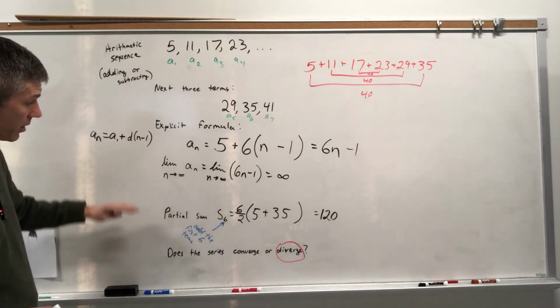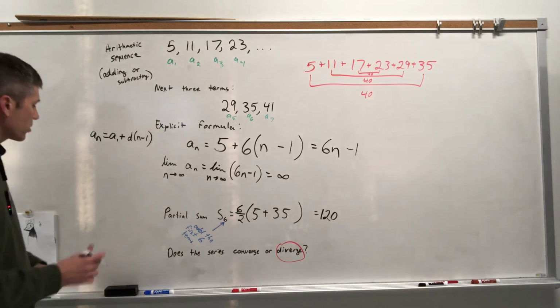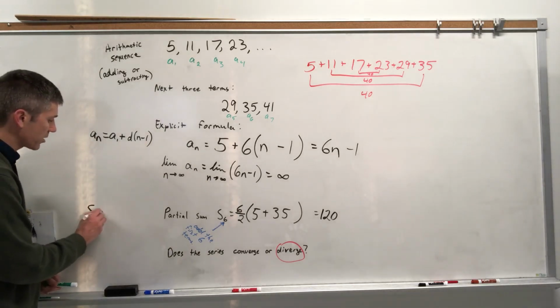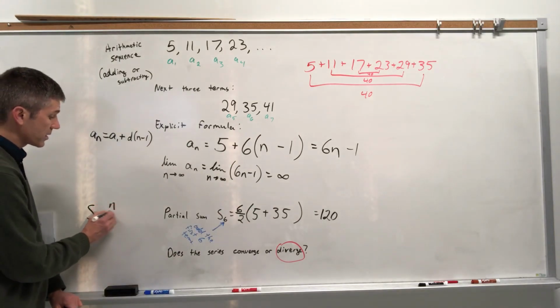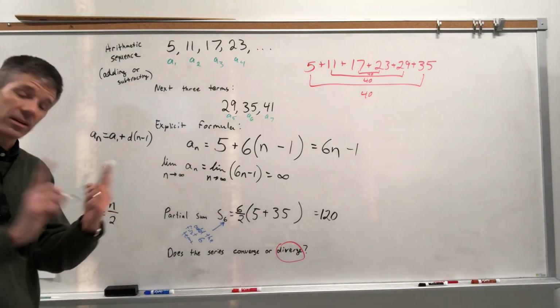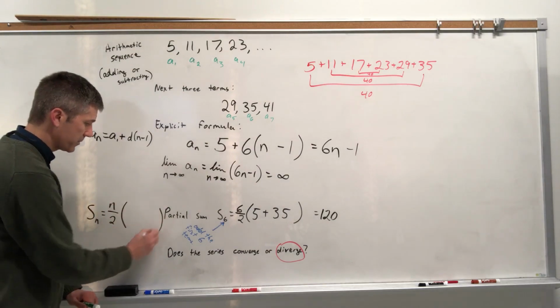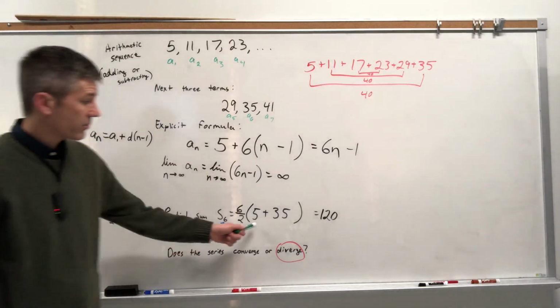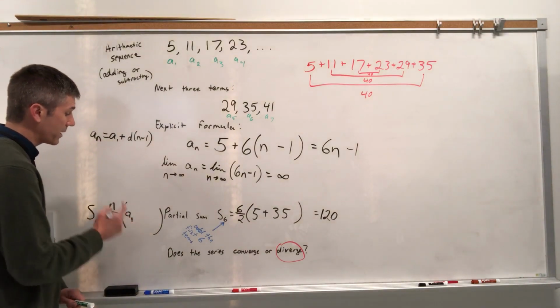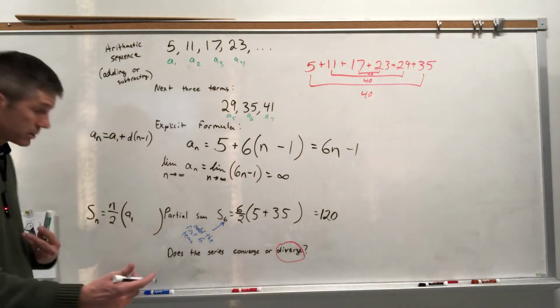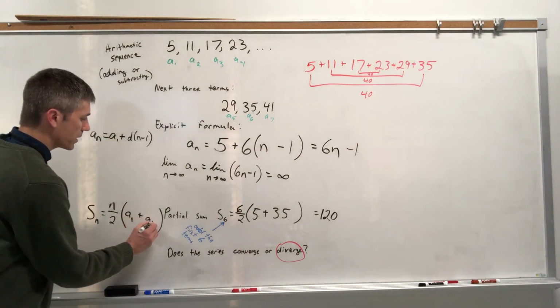Okay, let's jump down here and deal with the partial sum. So if I want the sum of the first n terms, I can do exactly what I just did here. I could take the number of terms and divide it by 2. That's how many pairs I would have. And then I would add the first term and the last term. So my first term would be, well, A1, and my last term in the list of n terms would be the nth term.